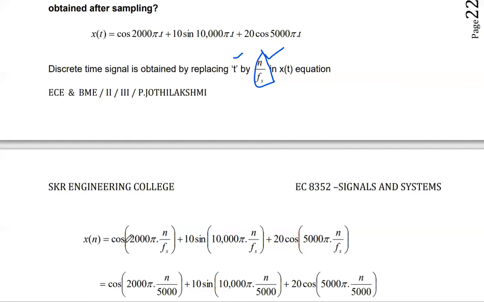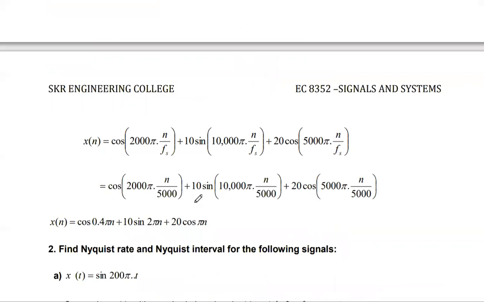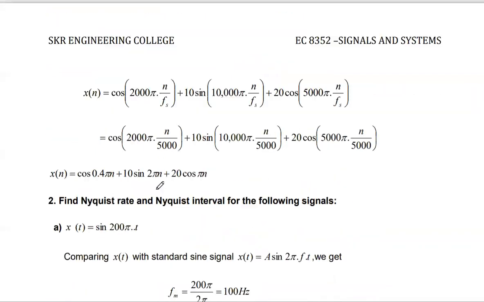So x of n equals cos 2000 pi n by fs, plus 10 sin 10,000 pi n by fs, plus 20 cos 5000 pi n divided by fs. Now you just substitute the value of fs, which is 5000, and after using the calculator, you find the answer.